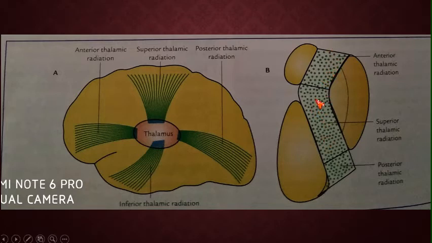The superior thalamic radiation occupies the genu and the posterior limb of the internal capsule, whereas the posterior thalamic radiation occupies the retrolentiform part. The inferior thalamic radiation occupies the sublentiform part. This we can remember blindly.